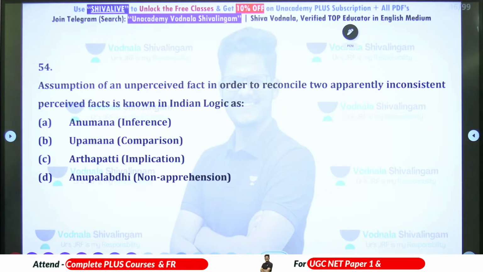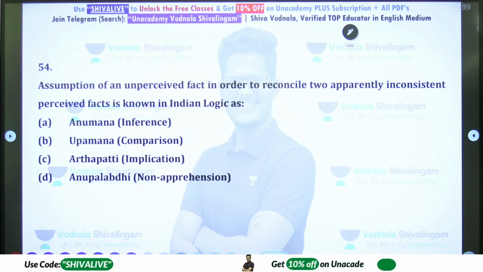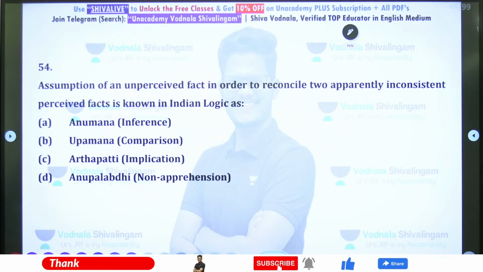Assumption of an unperceived fact in order to reconcile an apparently inconsistent perceived fact is known as, in Indian logic, as.